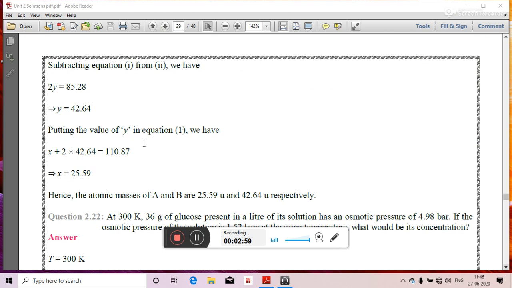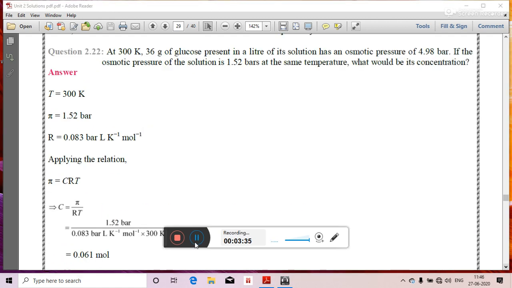So instead of Y we will write 42.64 is equal to 110.87. So solving this we will get X equal to 25.59. Hence the atomic mass of A, which was assumed to be X, is 25.59 units, and atomic mass of B, which was assumed as Y, is 42.64 units respectively.